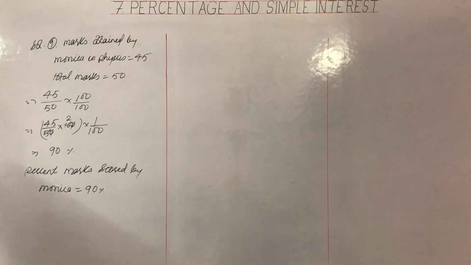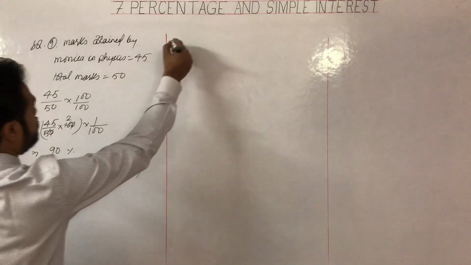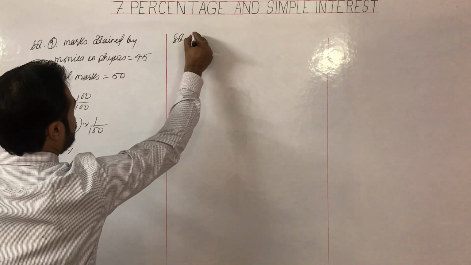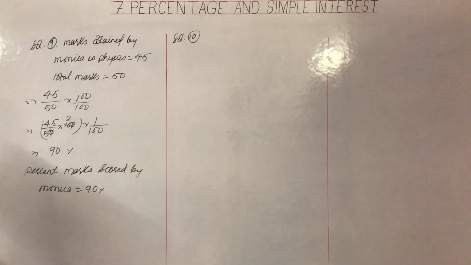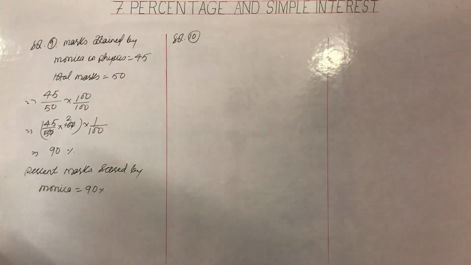Next question, question number 10. In a class, 30% of students are girls. If total number of students in the class is 250, find the number of boys and girls. It's a good question. So 10th question, first line, 30% of students are girls.